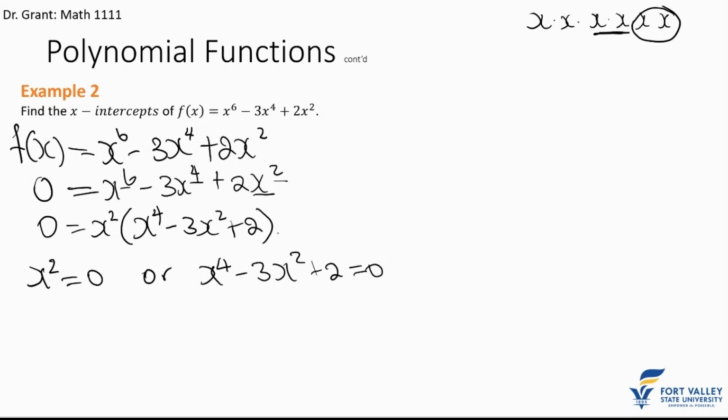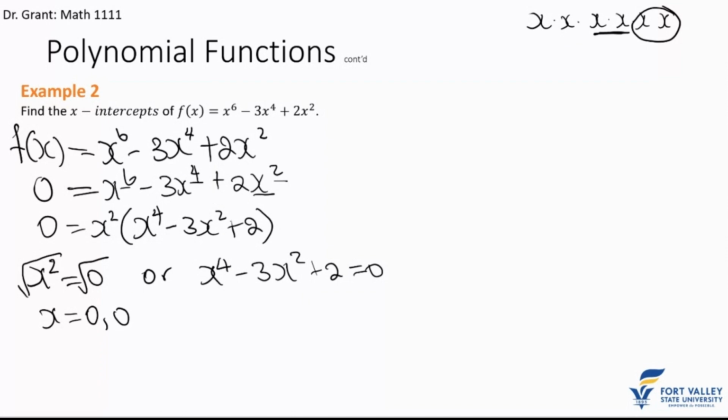If x squared is equal to 0, we'll take the square root of both sides. So x is equal to 0. But notice that it has a power of 2, or a multiplicity of 2. So this would be 0 twice.